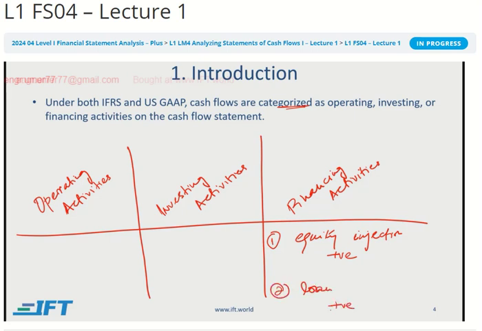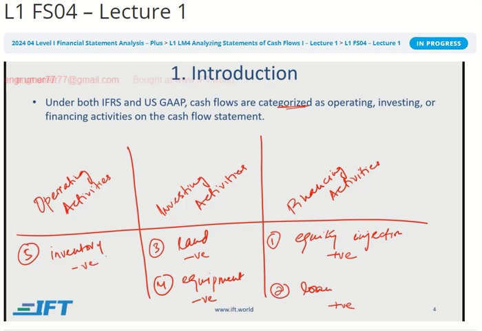That is also positive as far as cash is concerned, because cash is coming into the business. If you buy, let's say, land, or some equipment, these will be negative because cash is going to go out. Maybe you're going to buy some inventory, so that will also be negative because cash is going out.